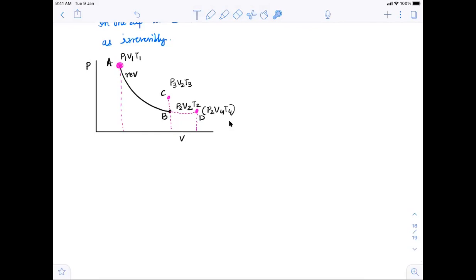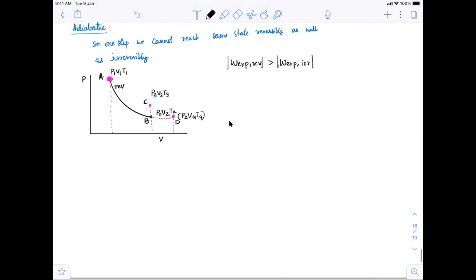One thing we always know is that the expansion work when you do it reversibly, the magnitude of that will always be greater than the expansion work when you do it irreversibly. I think this logic is clear to us. Before that, in isothermal also we have derived this. So I'm using the same logic here.